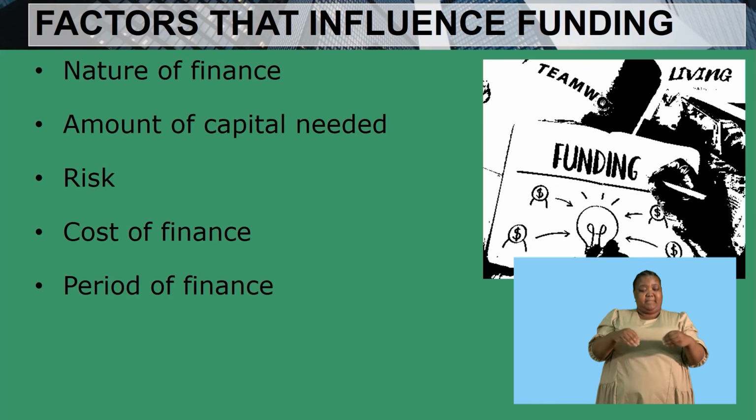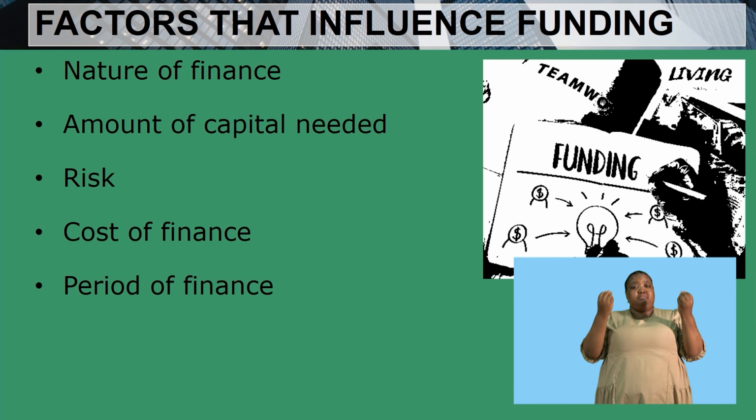Now, why is it that the funding that we have has an influence on us as a business? You must remember that when you are acquiring funding, you need to look at the nature of finance that you want. So if you want a bank loan, you need to consider, will you be able to pay back the loan on time with the given interest rates?